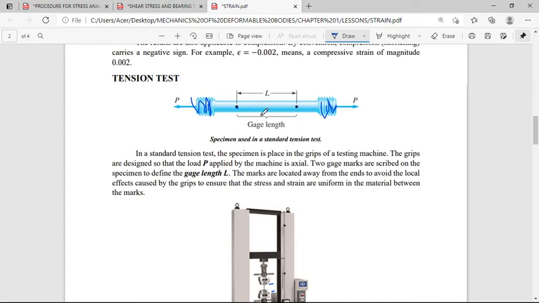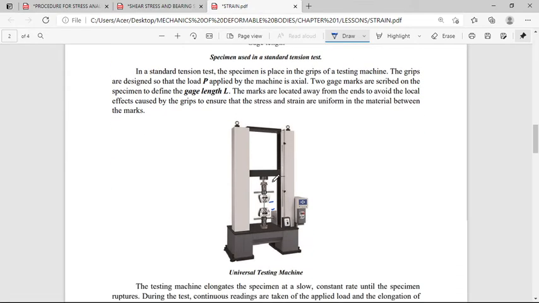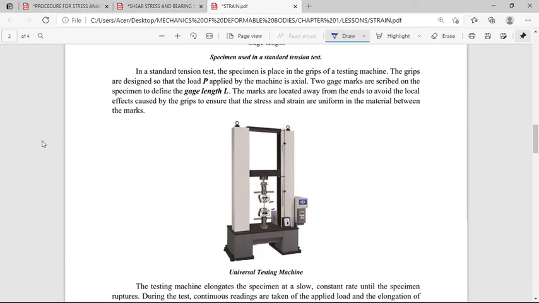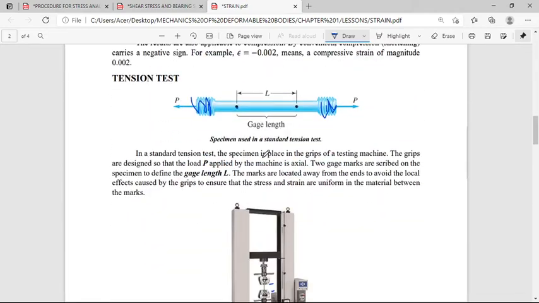Para tamang-tama yung lalabas dun na resulta sa testing machine. Caused by the grips to ensure that the stress and strain are uniform. So, pantay, ano? In the material between the marks. Makakakuha ka ng uniform stress and strain dito kung saan ka nag-set ng gauge length.